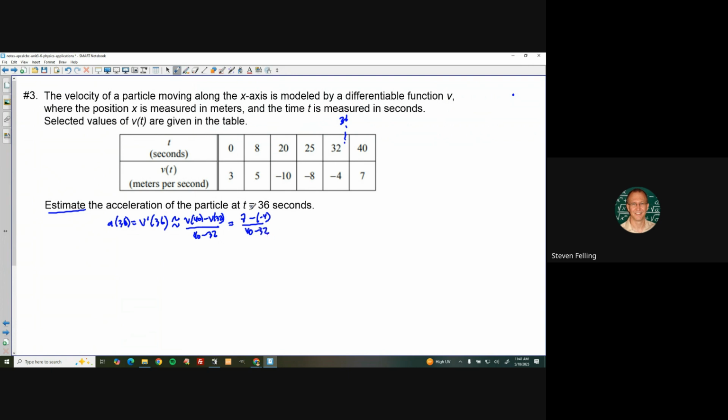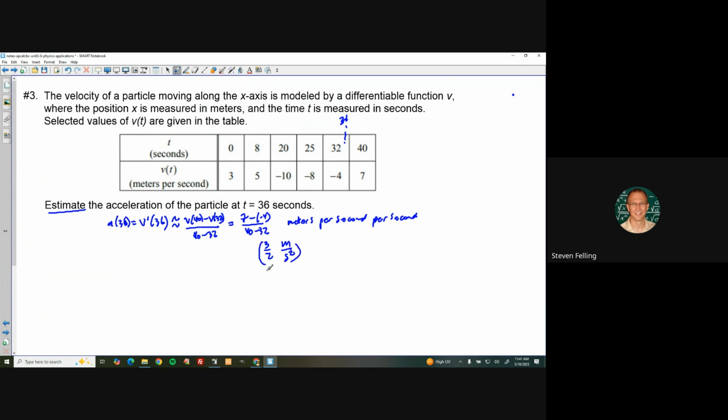Okay, we do not have to simplify this number, so I would not do that. But we do have to put units on here. So the derivative of this will be meters per second per second, because we took another derivative, so it's the slope of that per second. Which if you do simplify, it turns out to be 3/2 meters per second squared is another way to write that.